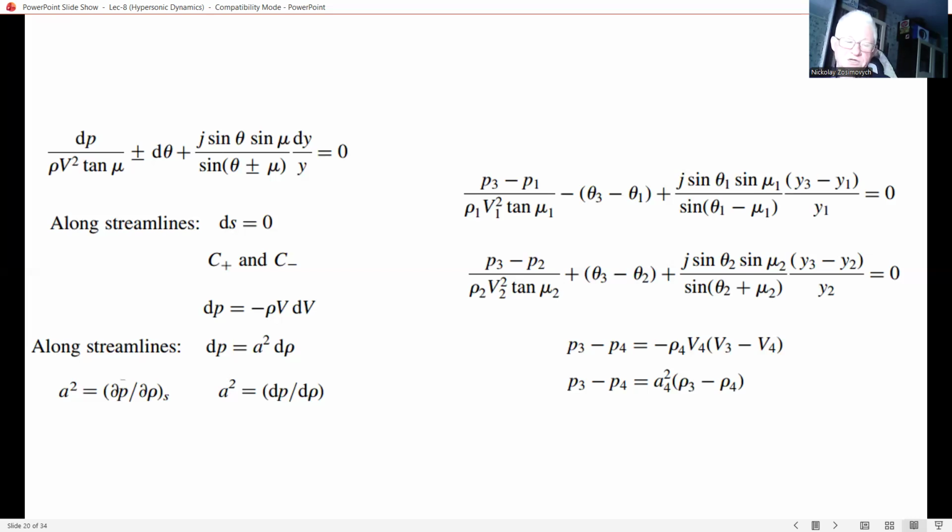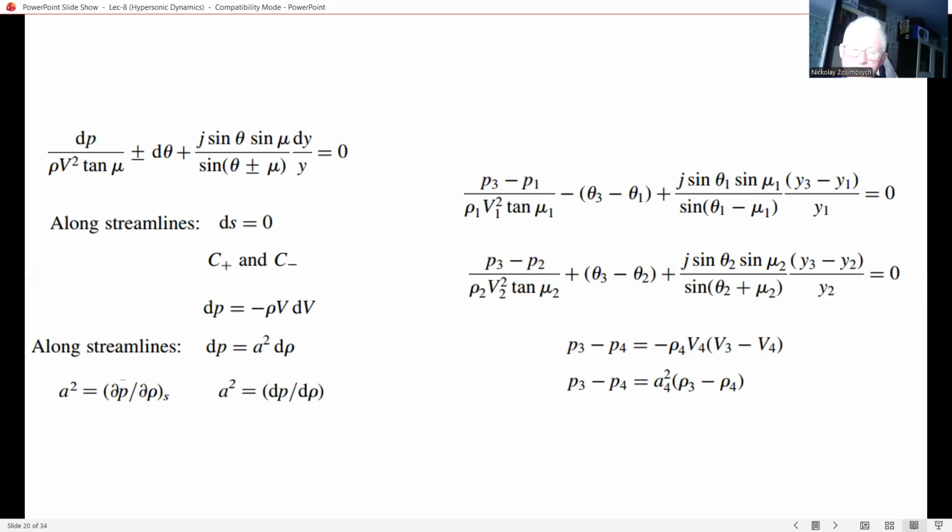Okay, returning to our equations, we now have a system of compatibility equations which holds along the characteristic line. The integration of these equations along the characteristic can be carried out in a variety of ways. For simplicity, let us replace the differential equations with forward differences.